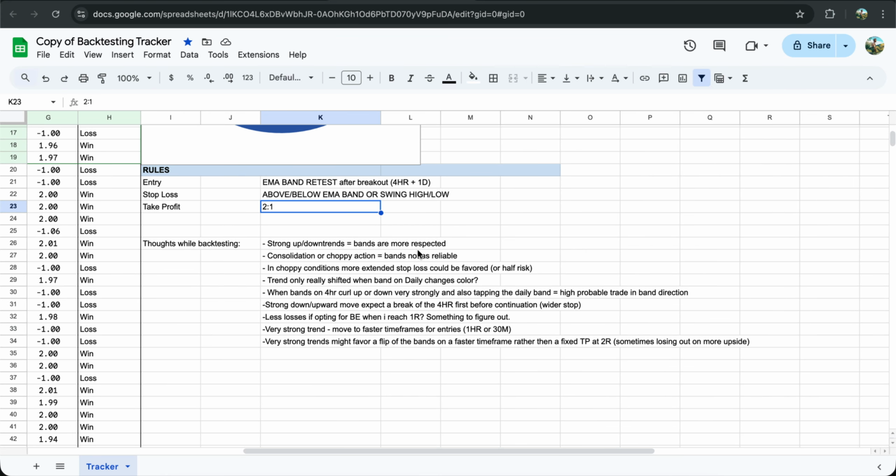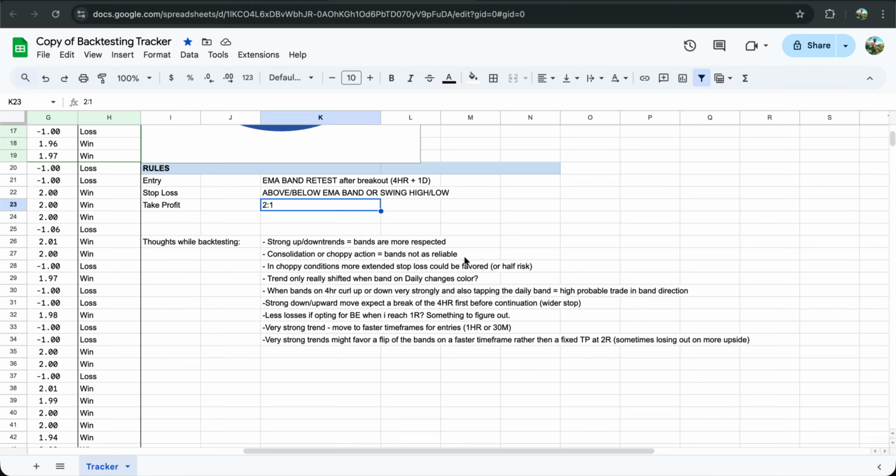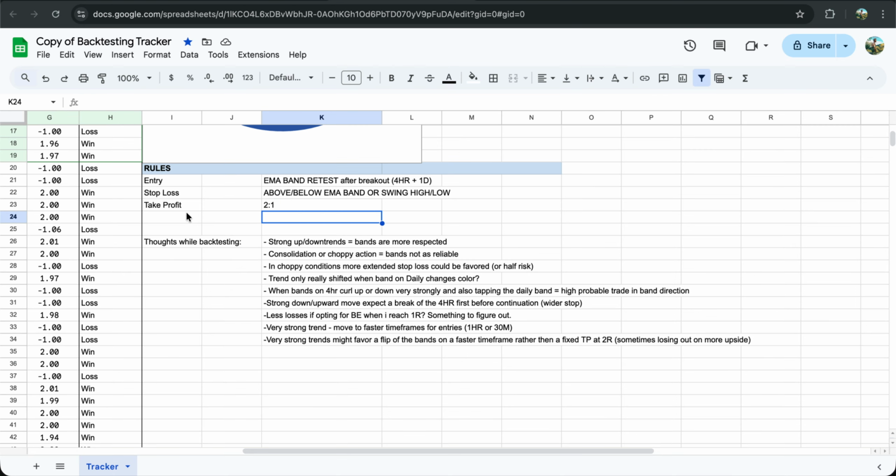Then the bands are not that good to use as an entry. Consolidation or choppy action means bands are not as reliable. In choppy conditions, a more extended stop loss could be favored, or maybe even go for half risk. Trend only really shifted when the band on the daily changes color.